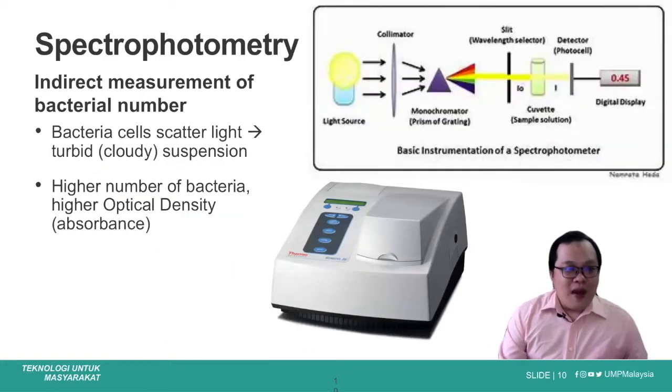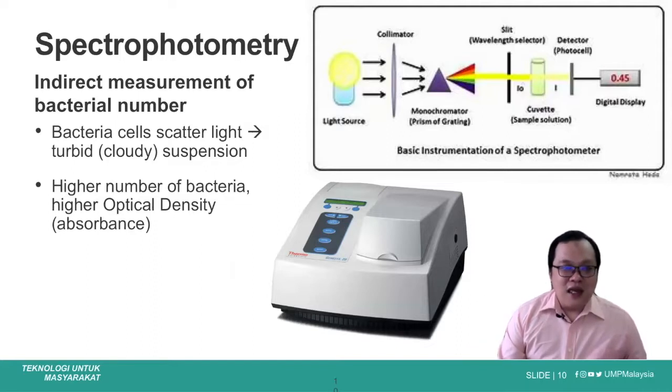So we have talked about using absorbance. What is absorbance? Absorbance is the indirect measurement of bacterial numbers by using spectrophotometry. The figures above show how a spectrophotometer works.